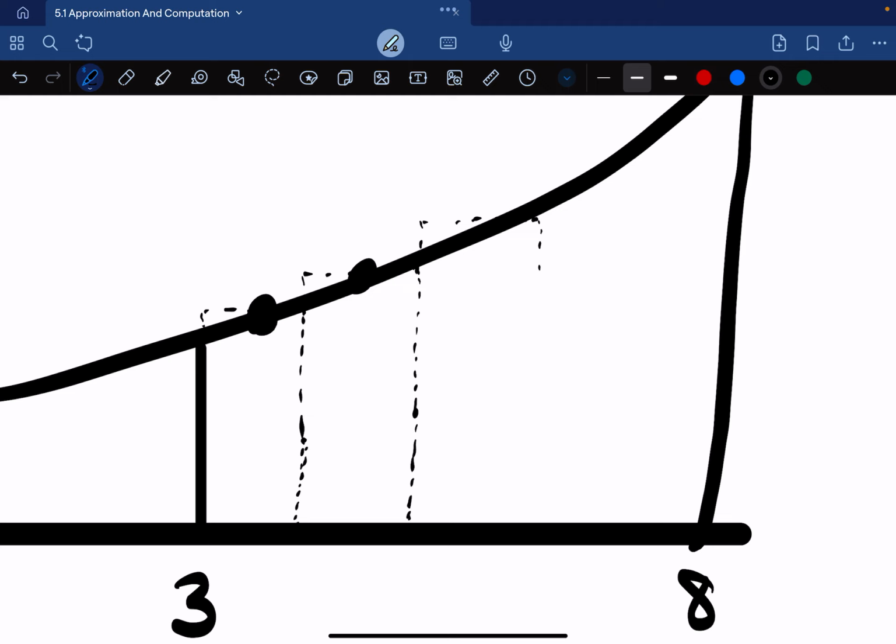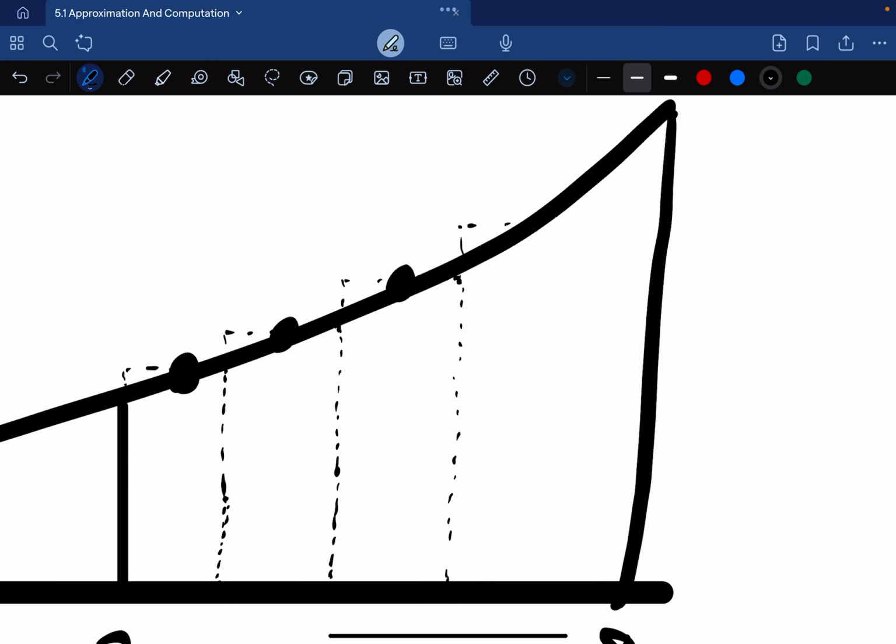And what we do, in order to calculate the height of each of these rectangles, is find the y coordinate of this point right in the middle. Bear with my drawing, it is not the greatest.